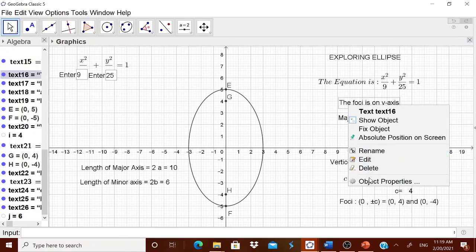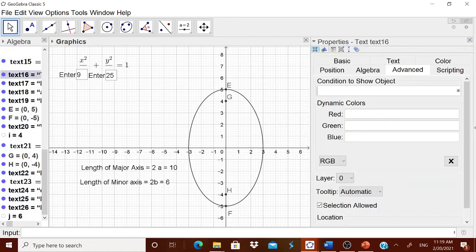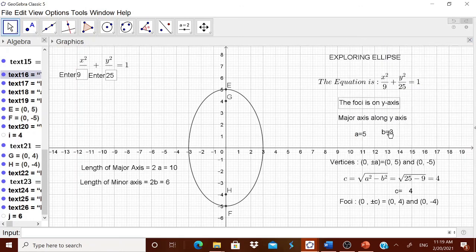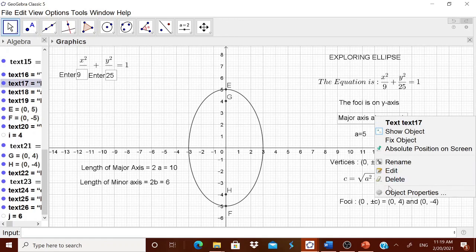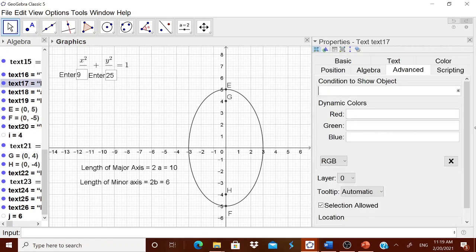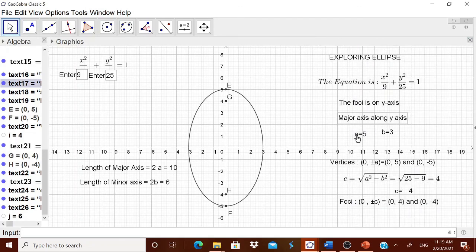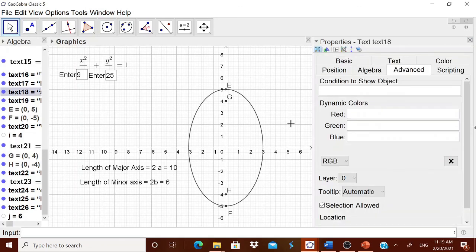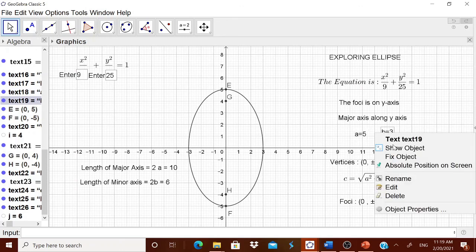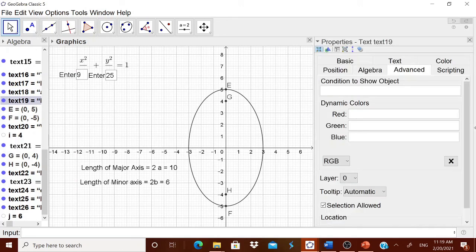And foci on the y-axis should happen only when A is less than B. But remember, don't get confused with the A and B we are talking about. This is actually the A and B we are fixing for both the cases, and we are simply changing in our mind that A is B, B is A, like that. The same thing the child also can do. There won't be any problem.